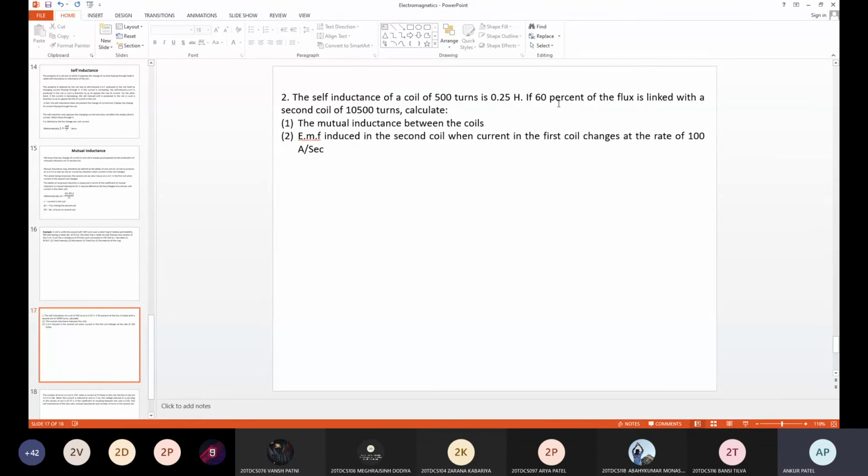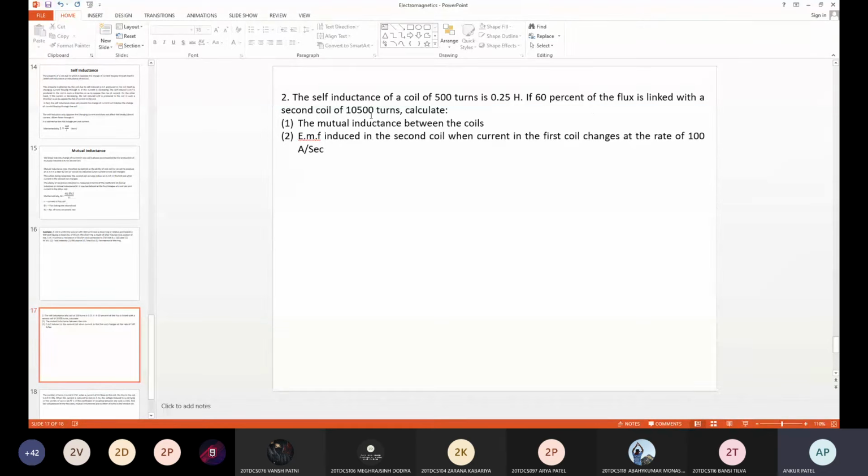Okay, we can write this phi12 is equal to 0.6 phi1. 60% of the flux is linked with the second coil of this 10,500 turns. So this phi12 is equal to 0.6 phi1.